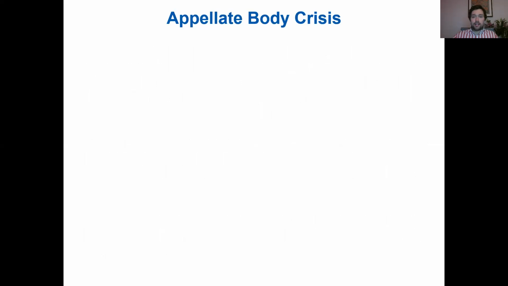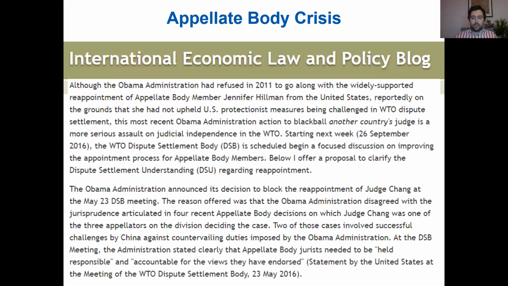So here next comes part of an article by Steve Charnovitz, a U.S. lawyer who is writing on the International Economic Law and Policy blog, and he writes down the beginning of the story.